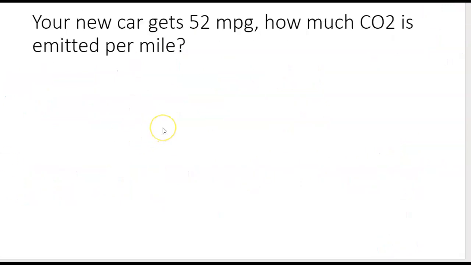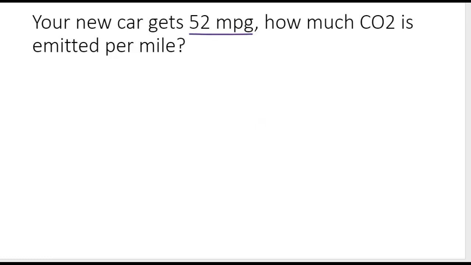All right, let's do one more. And this one might need you to think through it a little bit differently. Okay, so your new car gets 52 miles per gallon. It's pretty good. How much CO2 is emitted per mile? Okay, so I want to just think through what we have first.